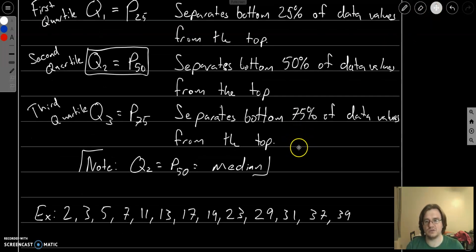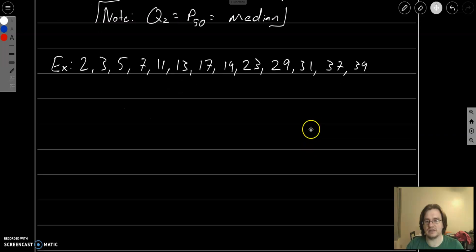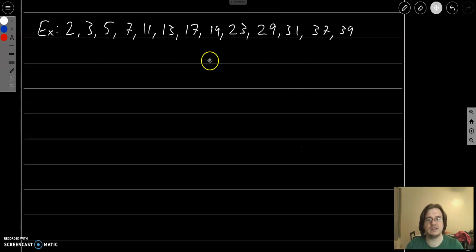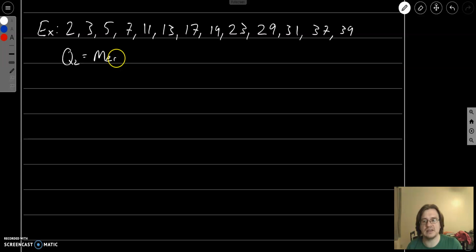So let's go through a quick example. Here I've got the first 13 prime numbers, the prime numbers between 0 and 40 listed. So out of these, let's find each of the quartiles. I'll start with the second quartile because this is the easiest. This is also the same thing as the median. For this one, we can count how many values we have. So 1, 2, 3, 4, 5, 6, 7, 8, 9, 10, 11, 12, 13.